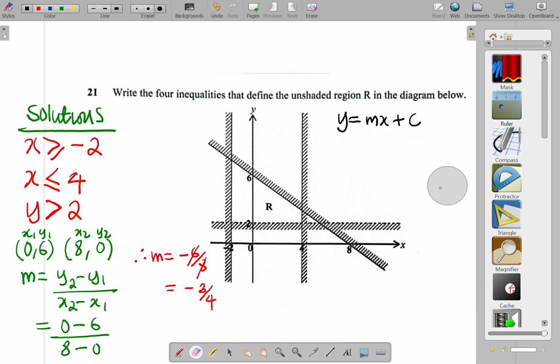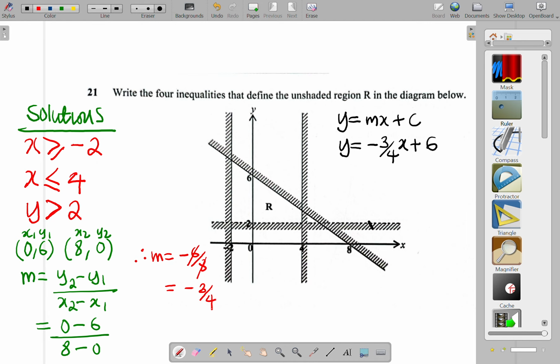Using that, you can see that I have my y-intercept just here at 6. So I'll simply say, y is equal to, my m is negative 3 over 4, x plus 6.